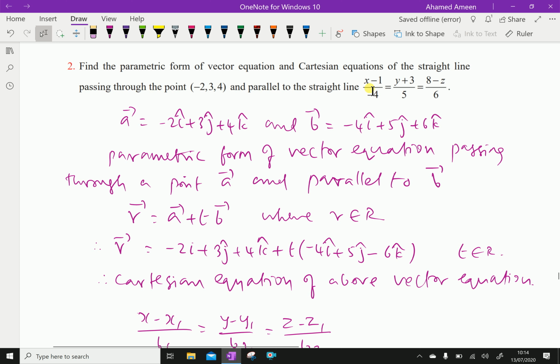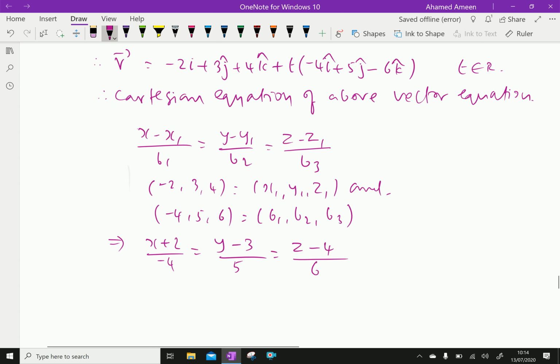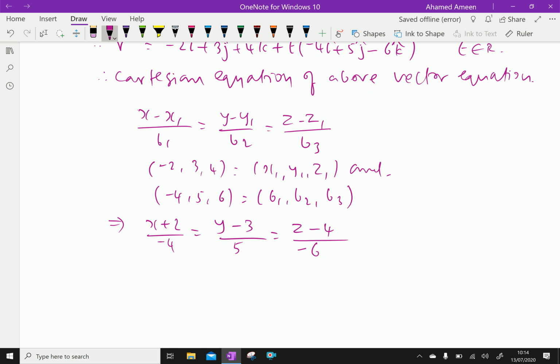Normally x minus 1, y plus 3, and 8 minus z is there, so I have to change it as z minus 8, and regarding that you get the minus here. So now we'll use that minus here. So this is our Cartesian equation.